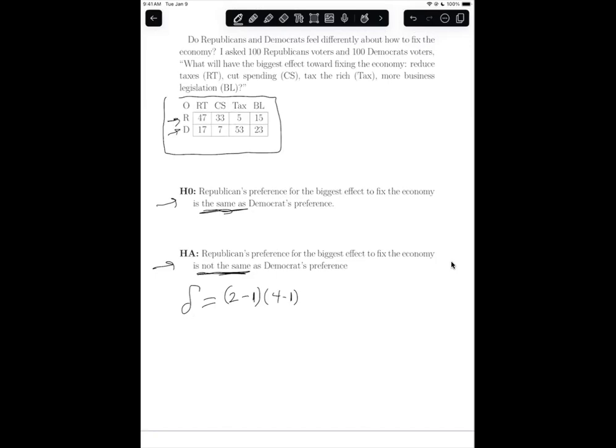Those are the 2 samples, and there are the 4 columns for the 4 outcomes. And so one way you can think about this is it's the number of rows minus 1 times the number of columns minus 1, which is the same thing as the number of samples minus 1 times the quantity, the number of outcomes minus 1. So in either case, the degrees of freedom are 3.